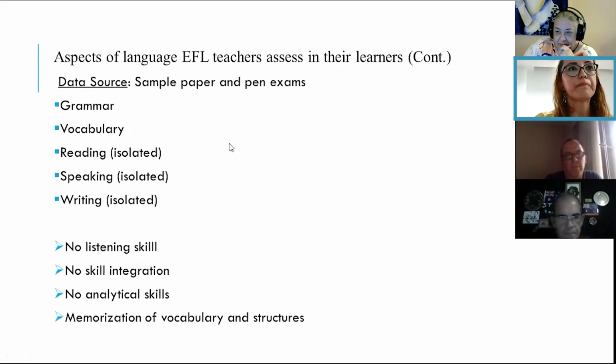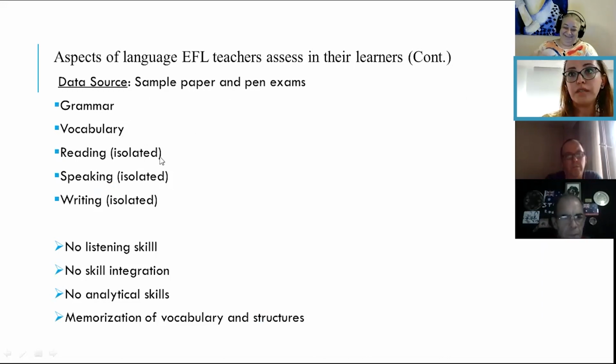Then I looked at the sample paper and pen exams of 10 teachers. But unfortunately, I saw grammar, vocabulary, reading in an isolated way, speaking in an isolated way, and writing in an isolated way.